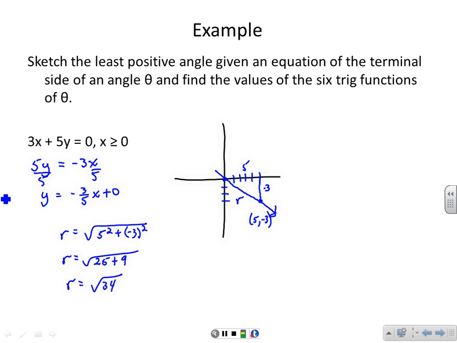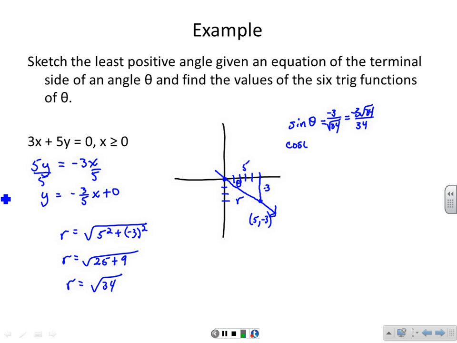Alright, so sine. Sine theta, again, here is theta. Sine theta is going to be your y over r, so it's going to be negative 3 over the square root of 34. And of course we are going to rationalize that, so we're going to have negative 3 square roots of 34 over 34.